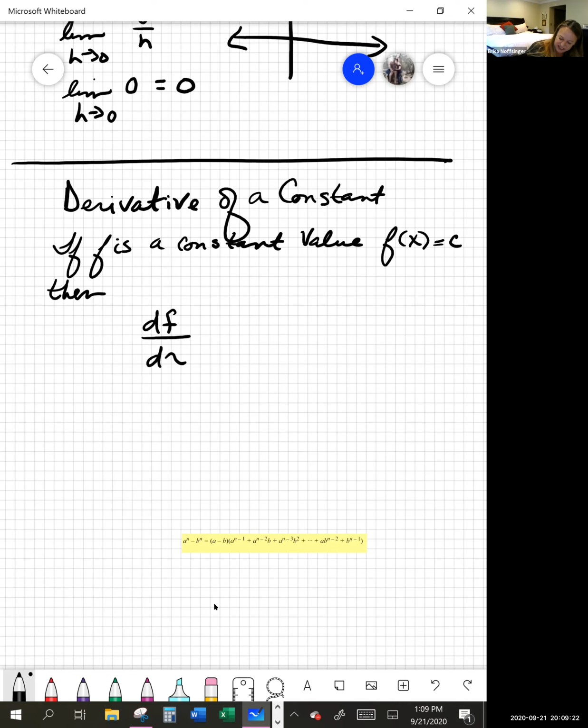One of those ways that we could write this was df over dx. And this is equal to the derivative d dx of our function, which is c. So that's just another way of saying taking the derivative of our constant c with respect to x. This is equal to 0.